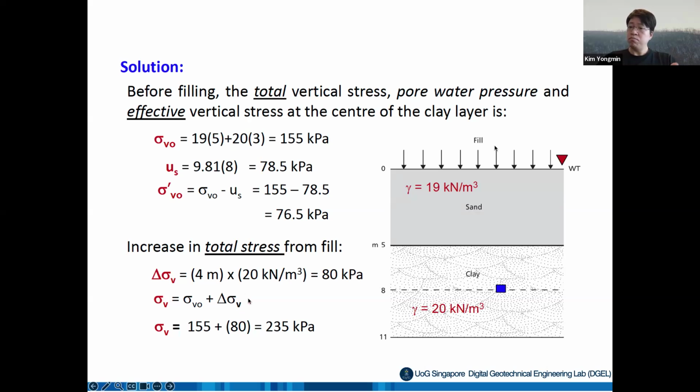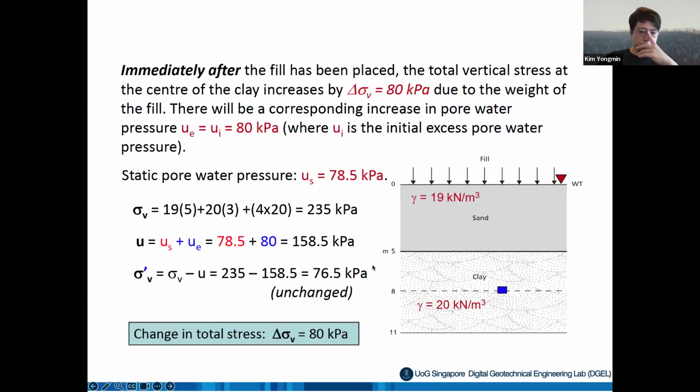This makes sense, right? So immediately after, this additional surcharge is supported by excess water pressure, so your effective stress remains constant, unchanged.